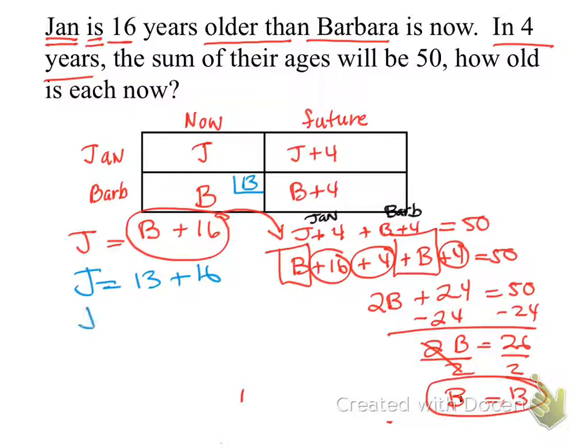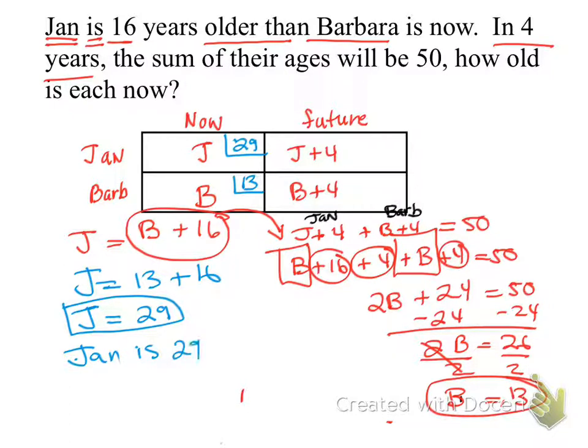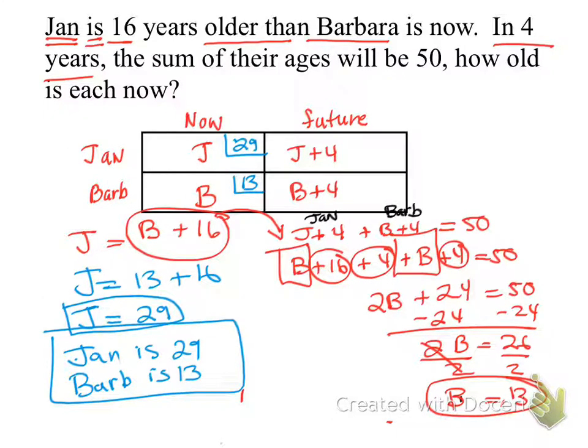Okay, so I'm substituting in, and J is equal to 29. In my answer column, you're going to say Jan. Oops, not Jam. Jan is 29. Barb is 13. Questions?